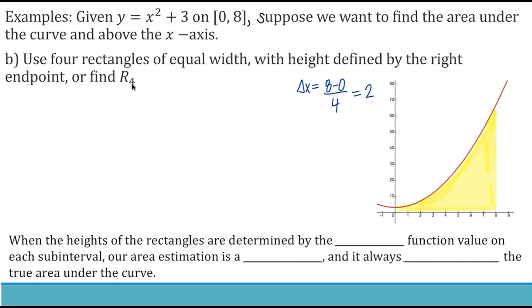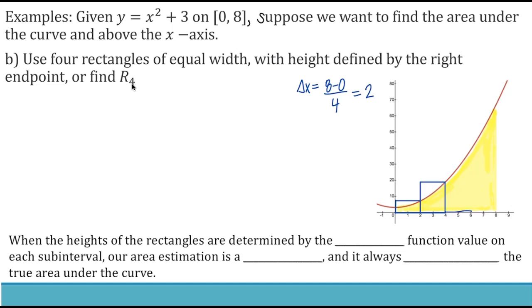So our first rectangle will extend from 0 to 2 on the x-axis, and the right side defines the height. So we are going to end up plugging 2 into our function to find the height of the first rectangle. And I'm going to keep sketching all the rectangles. Our next rectangle is going to extend from 2 to 4. And the right side of that interval will define the height over that entire interval.